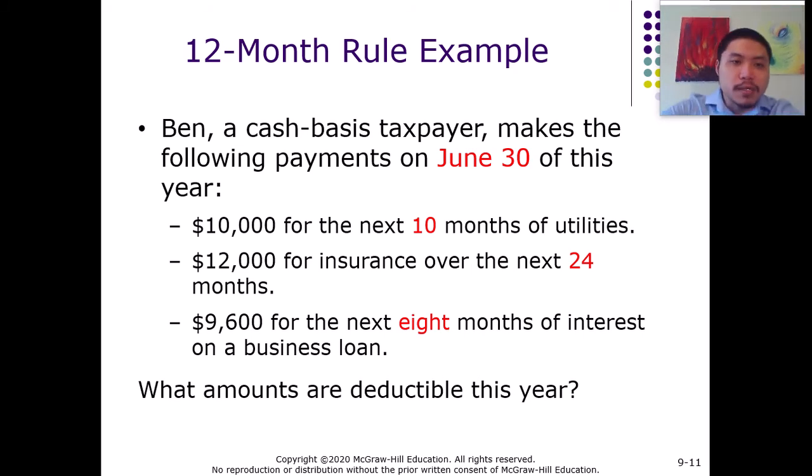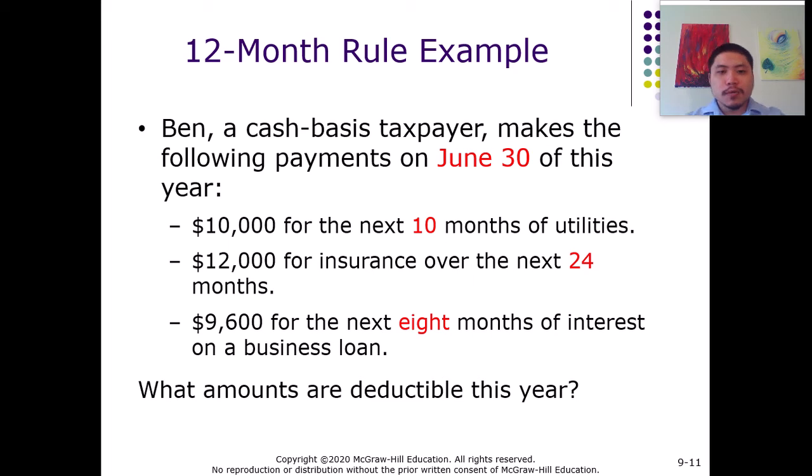So Ben, a cash basis taxpayer, makes the following payments on June 30th of this year. He pays $10,000 for the next 10 months of utilities. This is a prepaid type of thing. He paid $12,000 for insurance over the next 24 months, and he paid $9,600 for the next 8 months of interest on a business loan.